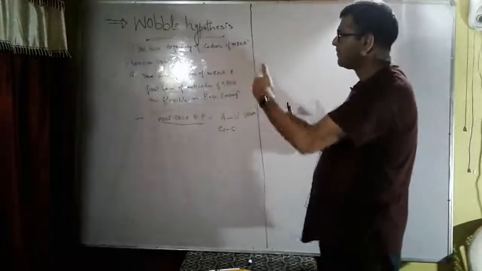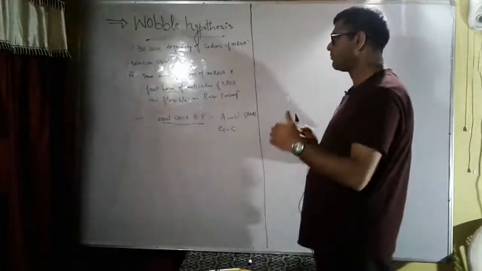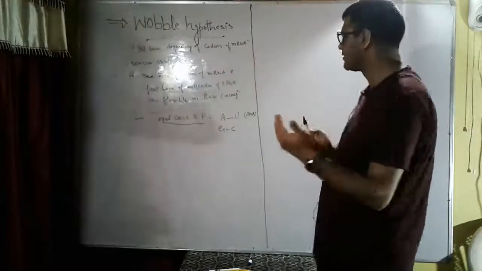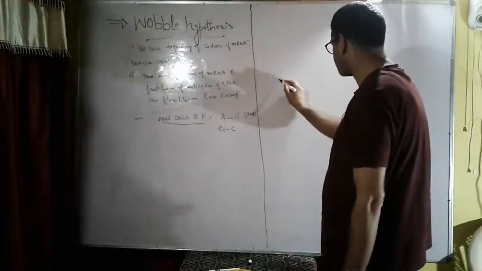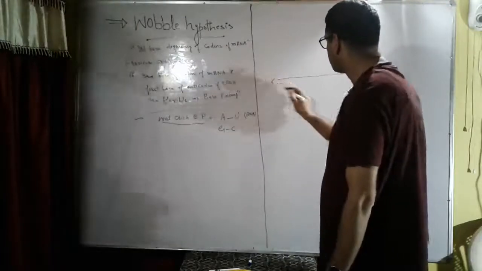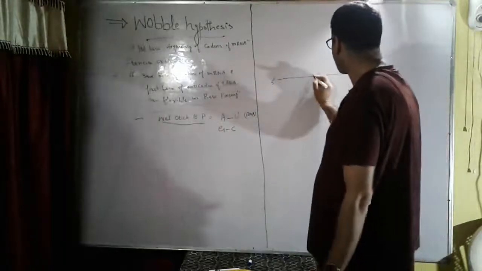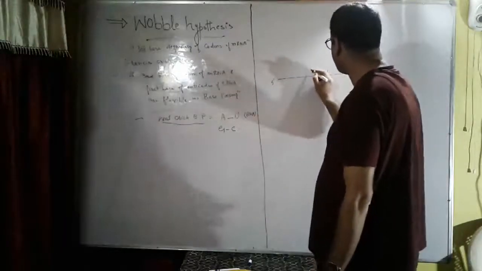So we'll explain it like this. What do you mean by the third base of the codon of mRNA and the first base of the anticodon of tRNA being flexible in their base pairing? Suppose this is mRNA, with 5' and 3' ends, and we have the codon GUG on mRNA.